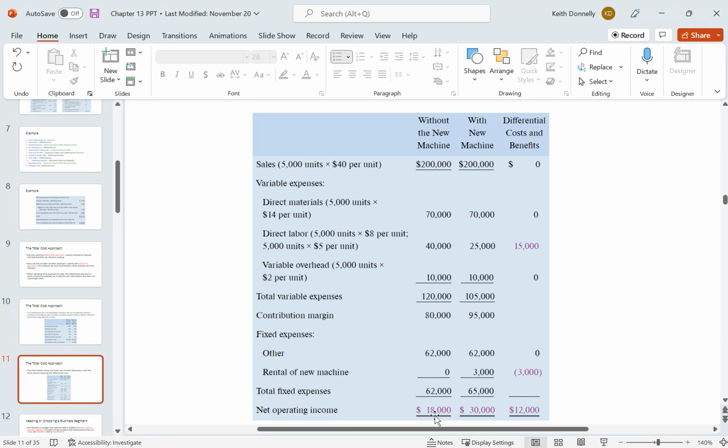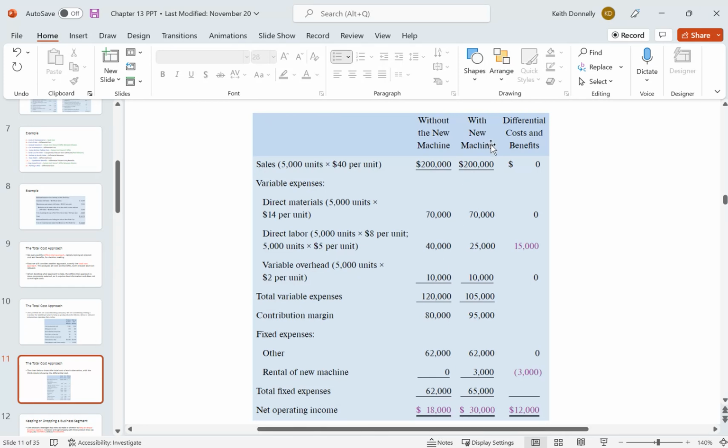So the idea overall, without the new machine, we're going to have 200,000 in sales, 80,000 of contribution margin, and 18,000 of net operating income.